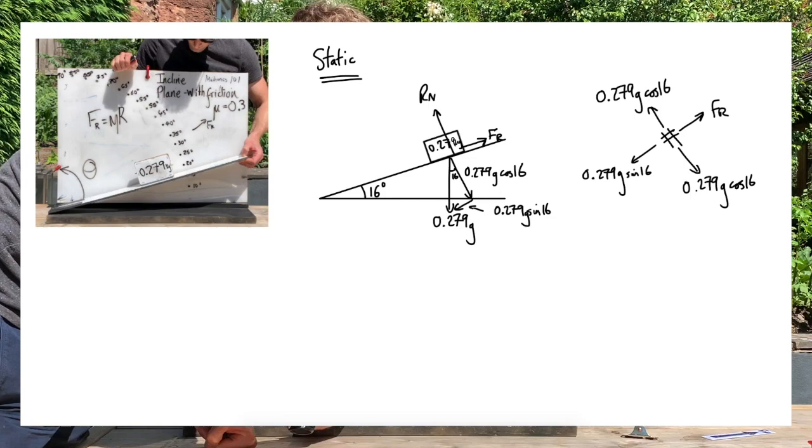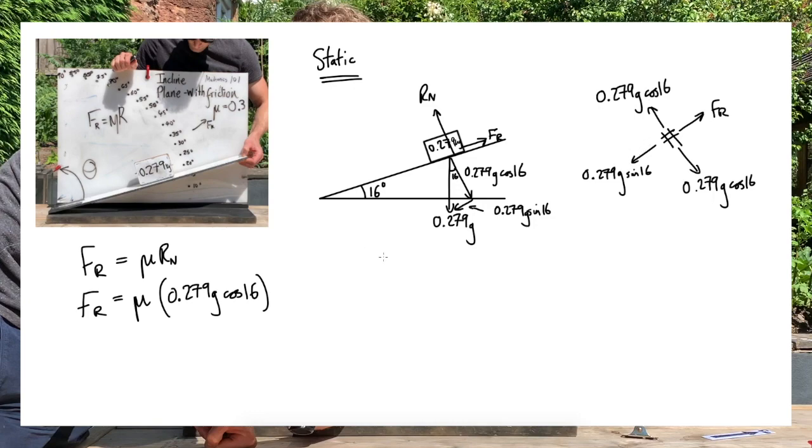So we know that Fr is going to equal mu times our normal reaction. So Fr is going to equal mu, which we're trying to find, times 0.279 G cos 16.